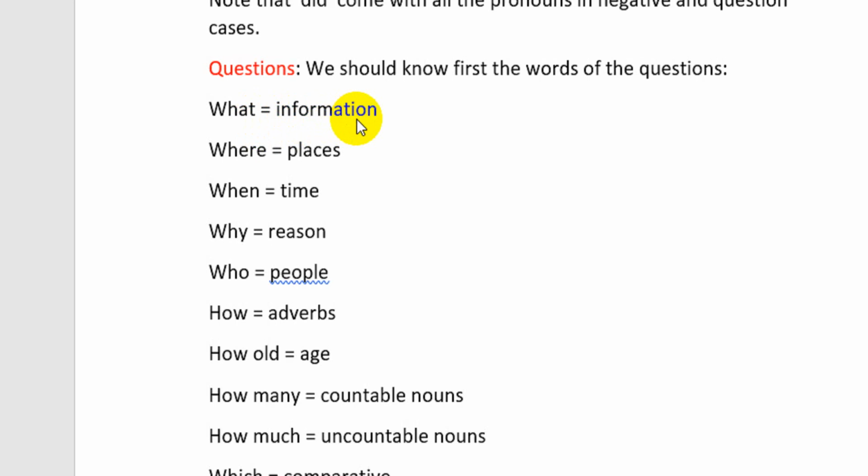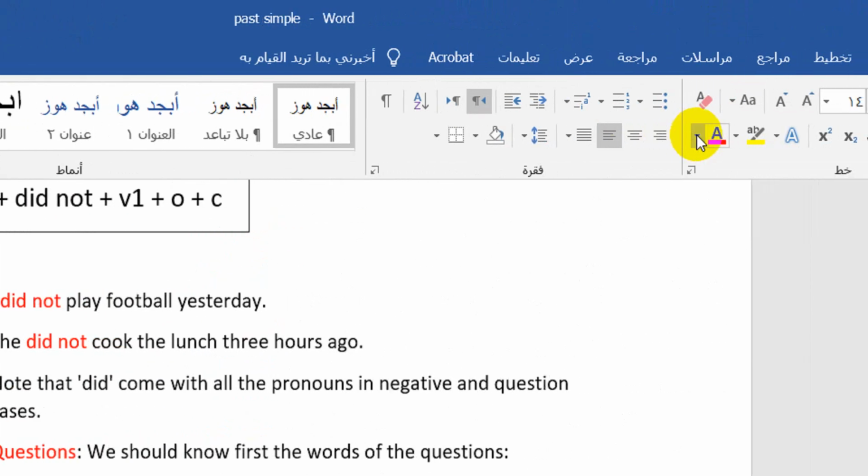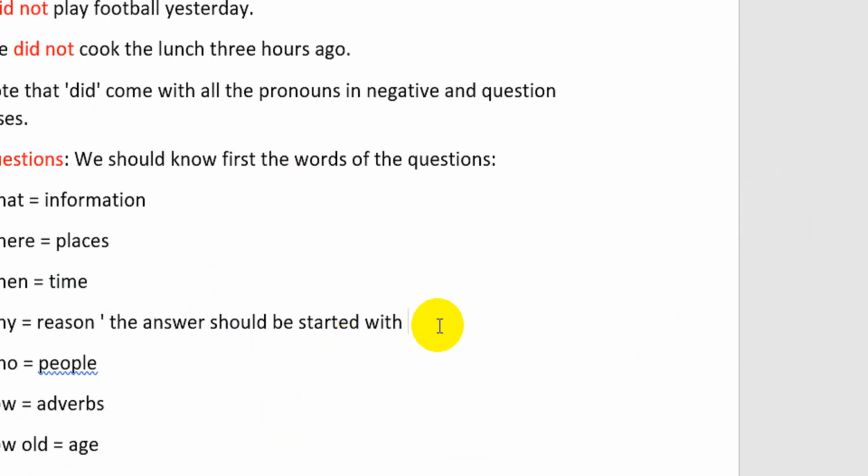Here we have what, to ask about information, the meaning of what is ماذا, where, أين, with the places, الأماكن, when, متى, we use it with time, الوقت, why, لماذا, we use it with reasons, الأسباب, and the answer should start with because.